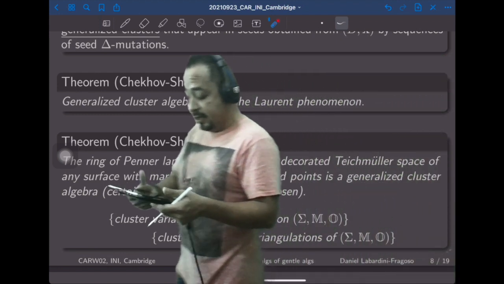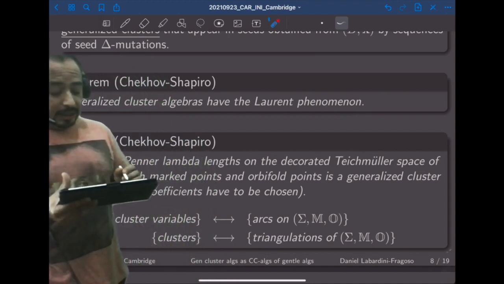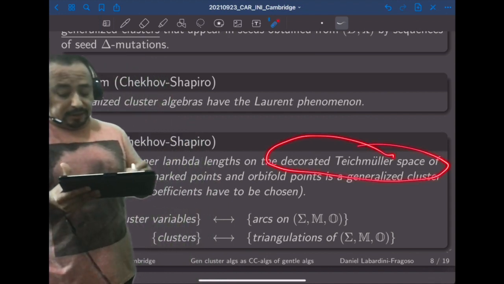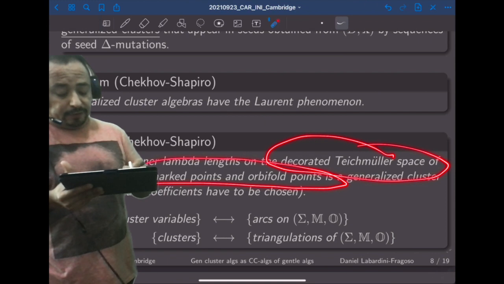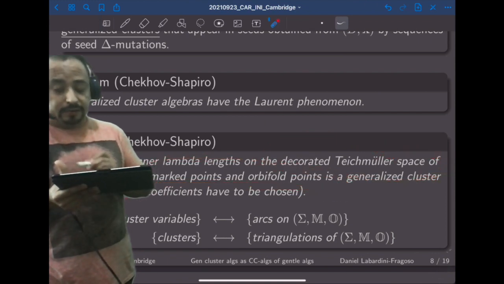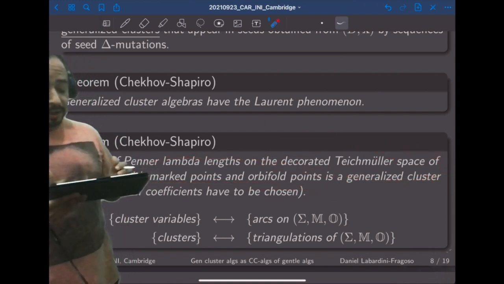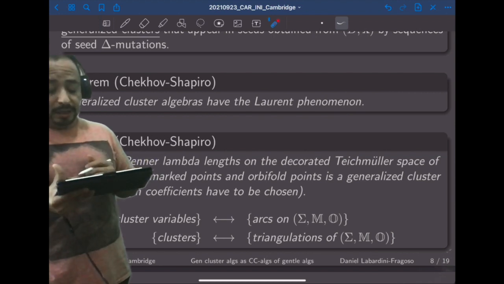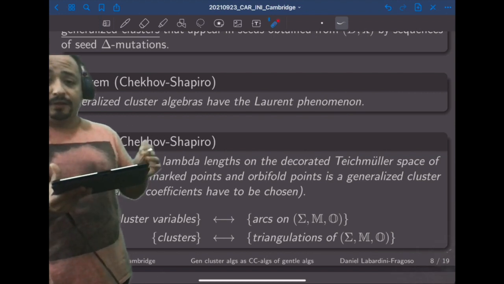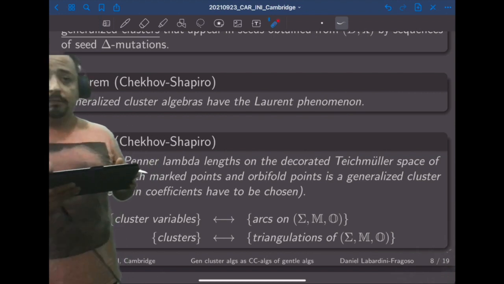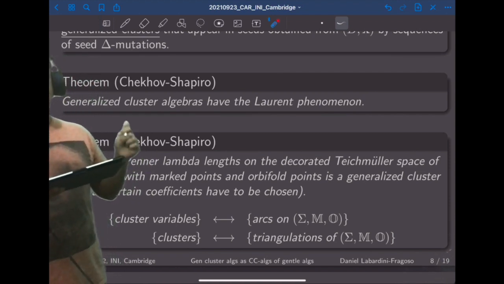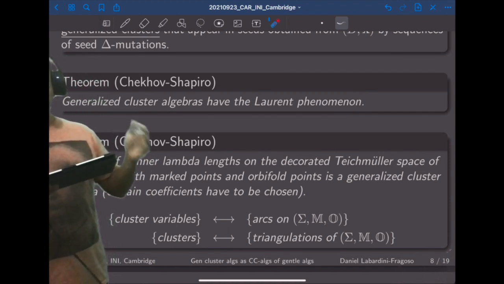And it turns out that the decorated Teichmüller space of such a surface is a generalized cluster algebra, right? So it's similar to what happens in the unpunctured case by the works of Penner, Fock and Goncharov, Fomin, Shapiro, Thurston, and Fomin, Thurston.